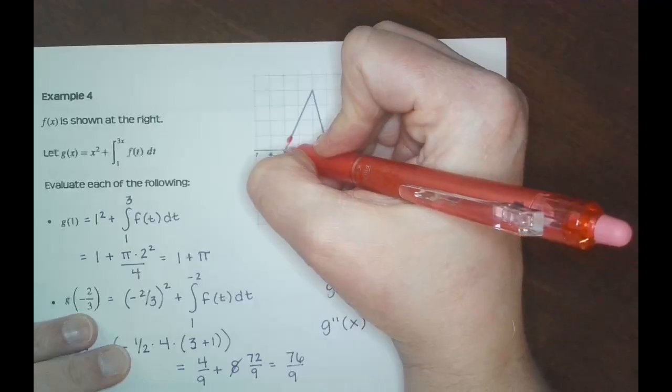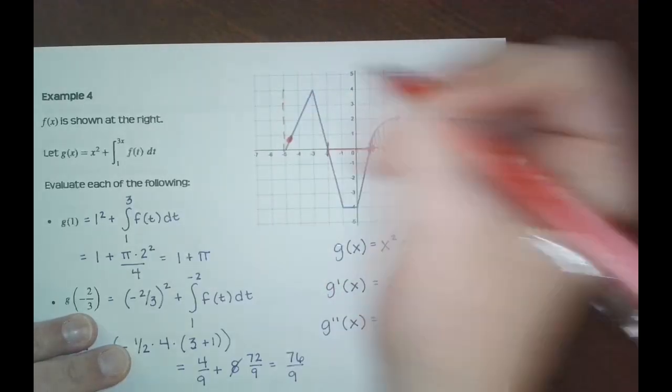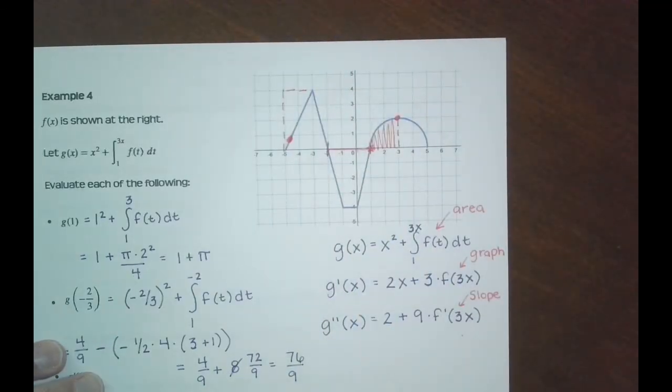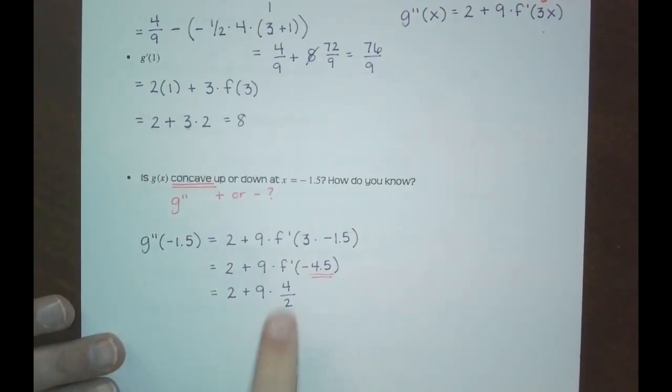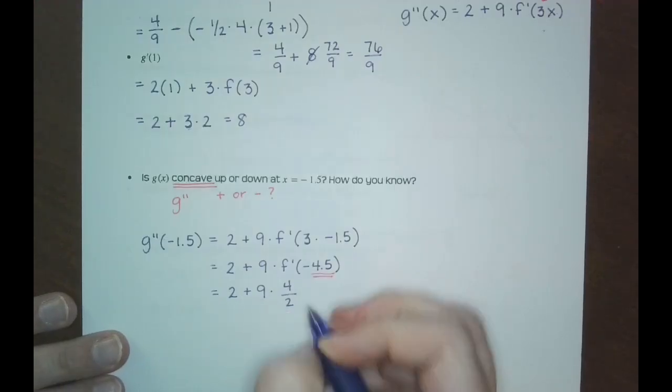So my slope here looks like a rise of 4 and a run of 2. Sorry, f prime of negative 4.5, that's right there. That's going to be 9 times 2, which is 18.